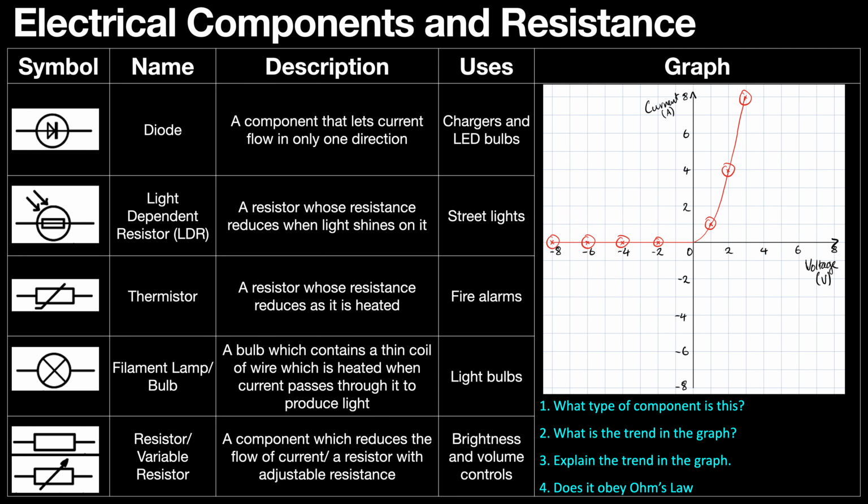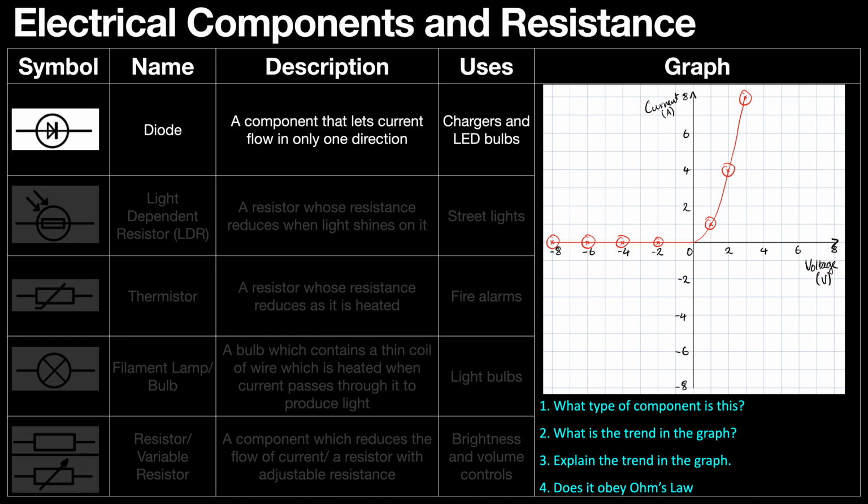This graph is actually for a diode. And we can see that current and voltage are not proportional. And the reason behind this simply goes back to the function of a diode.